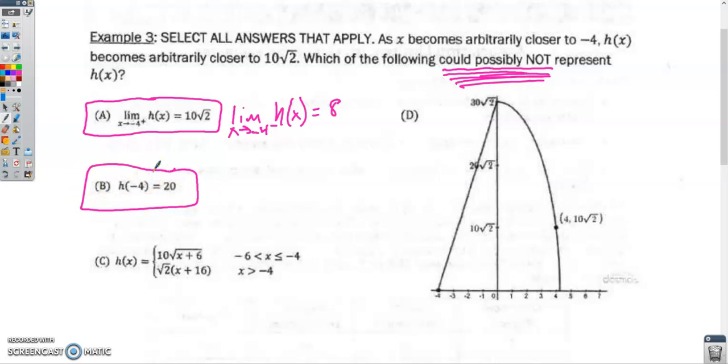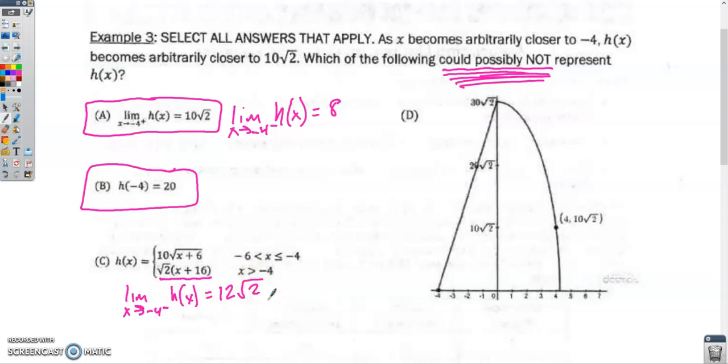All right, let's see. H of x, the piecewise function here. H of x equals 10 root of x plus 6, and square root of 2 times the quantity x plus 16. If I find the limit as x approaches negative 4 from the left, I'm putting negative 4 into the bottom branch here, and that gets closer to 12 root 2.